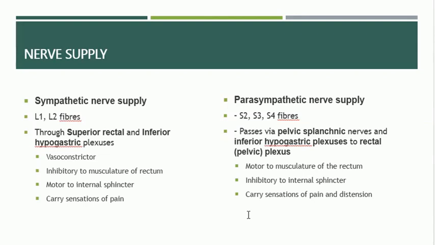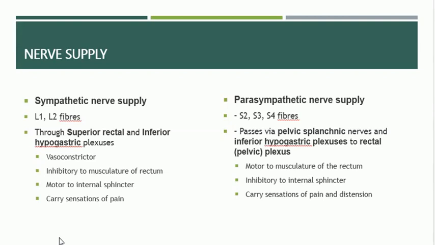The parasympathetic fibers also carry the sensation of pain and distension which occurs in the rectum. So pain is carried through both the sympathetic and parasympathetic fibers. The sensation of distension in the rectum is through the parasympathetic nerve fibers.